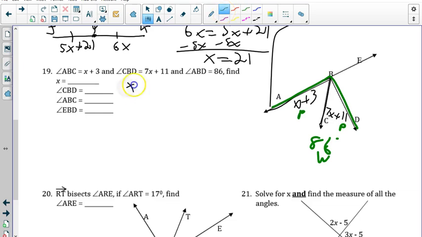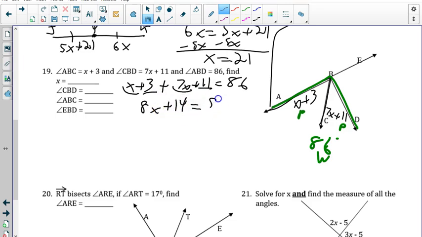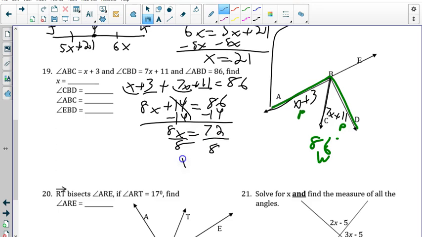So that means x plus 3 part plus 7x plus 11 part equals 86 whole. Combine like terms, 8x, 3 plus 11, 14. Subtract 14, 8x equals 72. You divide by 8, x is 9.